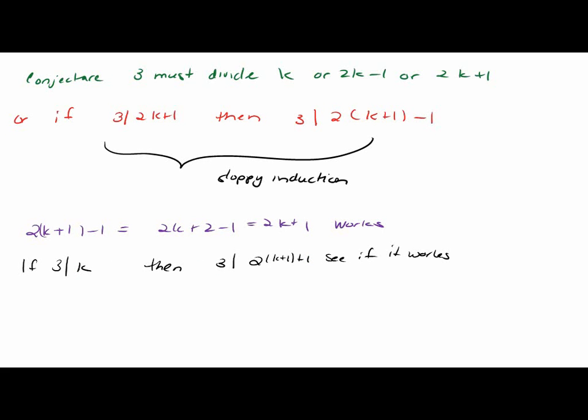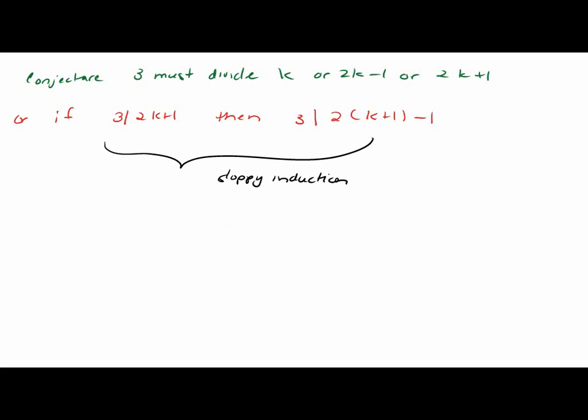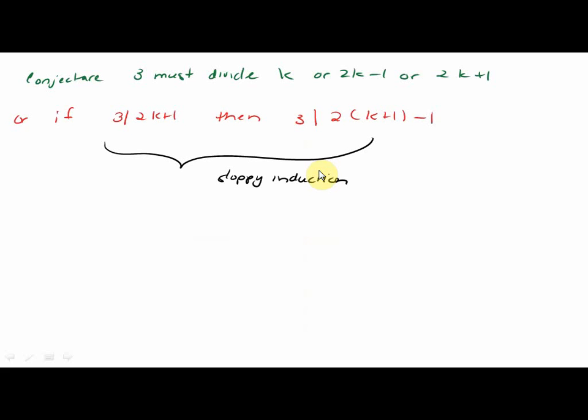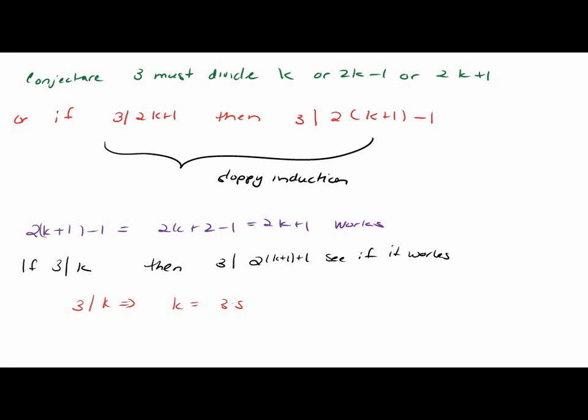So what about the other one? If 3 divides k, can I prove that the next step works, that 3 divides 2k plus 1 plus 1? Again, going back to my experiment, that's what occurred here. Whenever 3 divided k, it turned out in the next step 3 had to divide the rightmost cell over here. Well, I just ran the algebra through to see if it works. 3 divides k means k is 3 times s for some s, right?